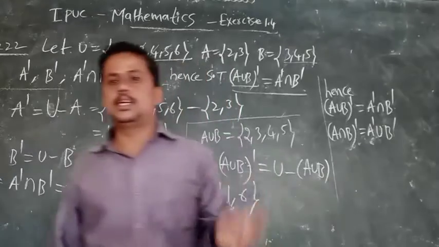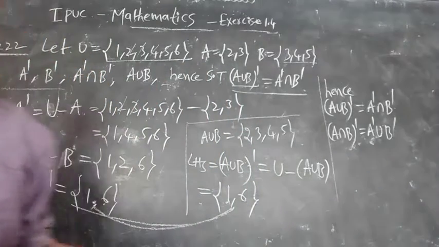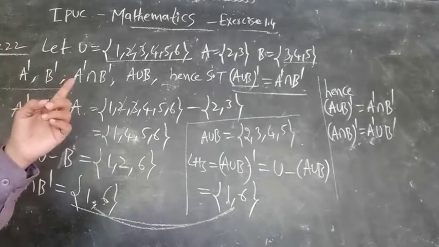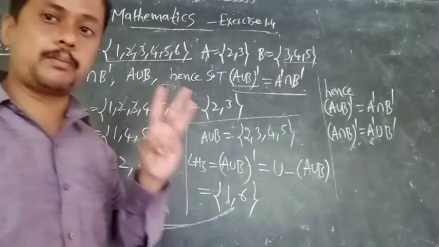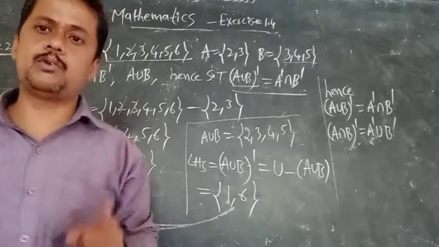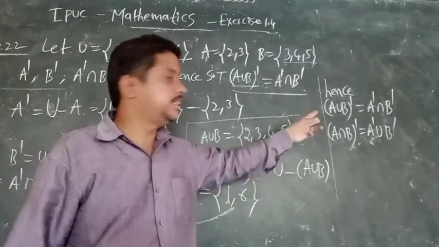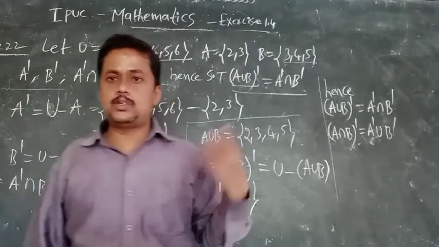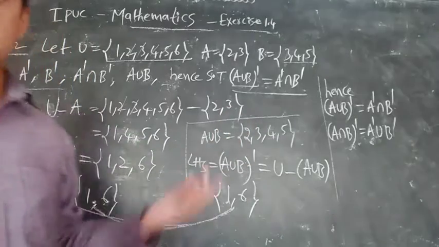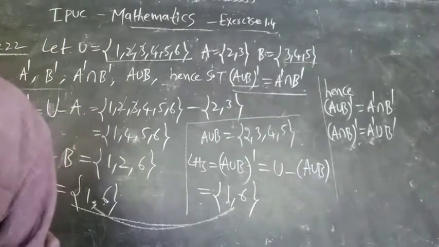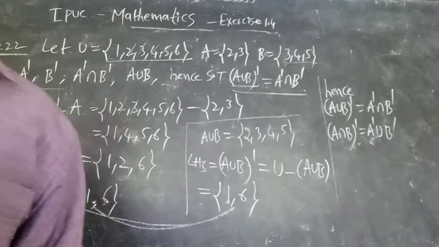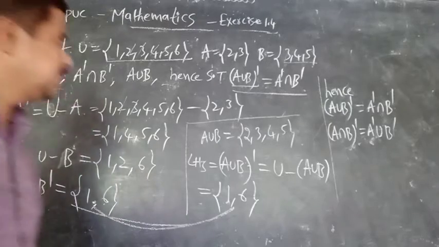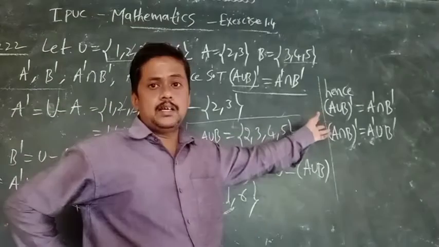Understood or not? Like that we have to simplify. So my dear students, you have to observe those formulas also. Already 3 properties are over. One is A dash whole dash equals A, and these 2 things. Okay, so we will see some other problems also, some other properties also. See here, these are the properties.